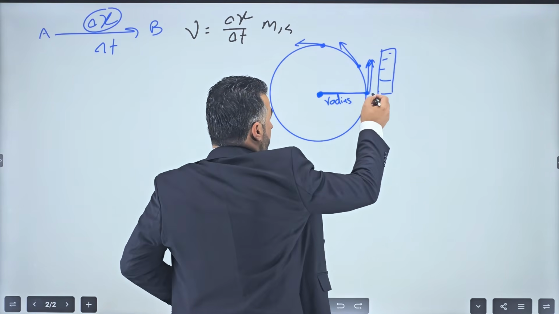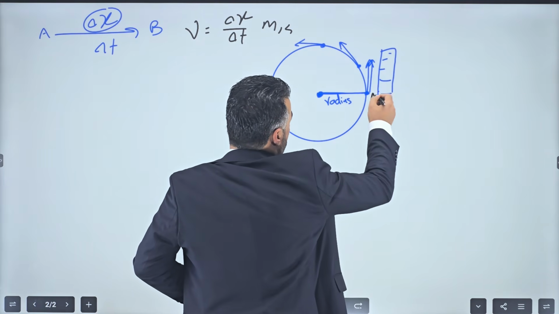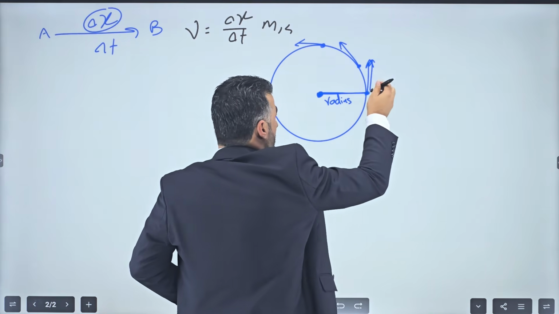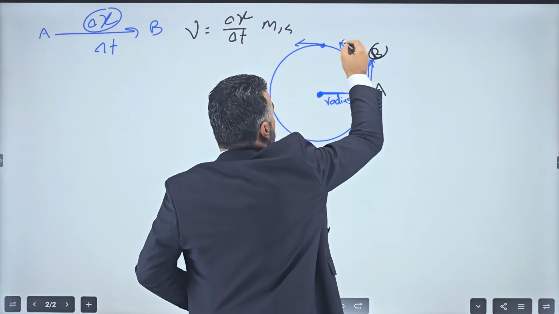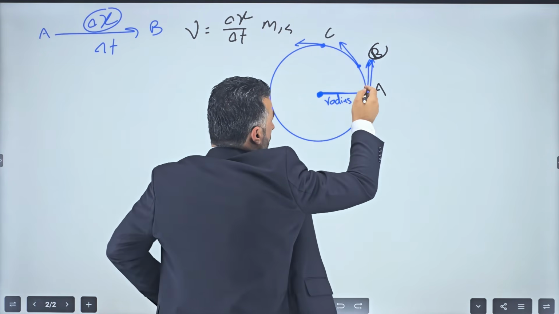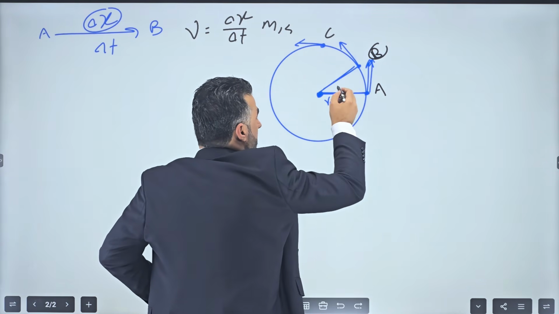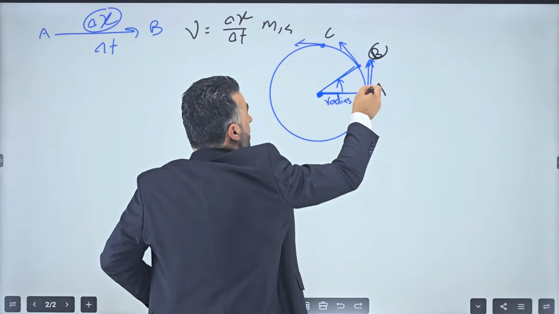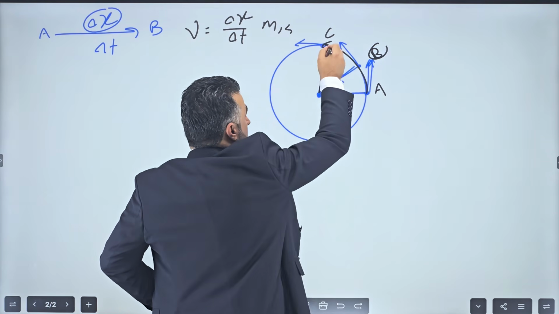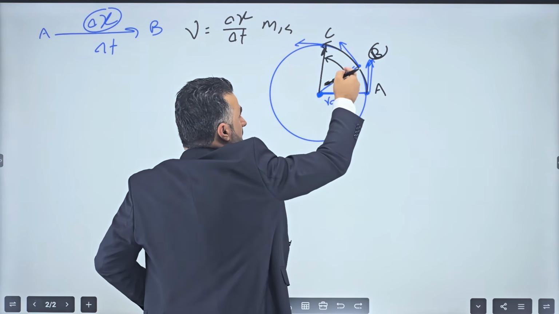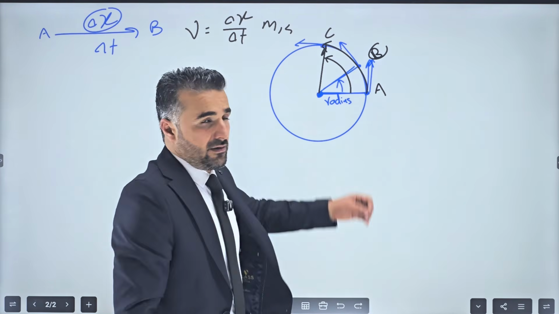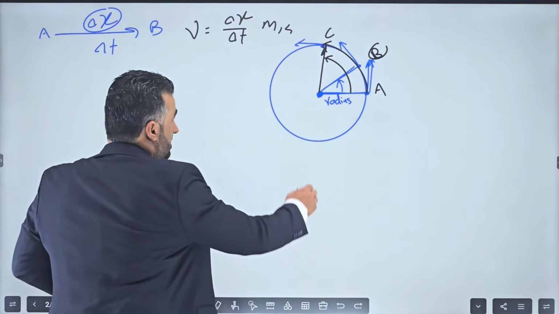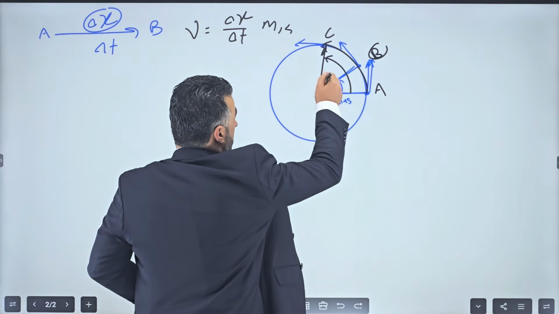If an object is going from this point, let's call it point A, to point B, or it could even go to point C, once it goes from point A to point B, it is going to cover some angle. What about when it goes from point A to point C? Now it is going to cover another angle, which is clearly bigger than the other one. So this angle is the one that we're going to measure.